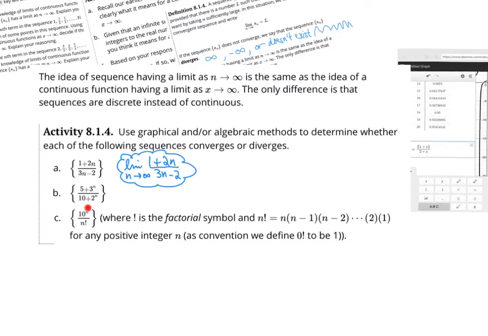For part B, we have the sequence (5 plus 3 to the n) over (10 plus 2 to the n). Now that one, if we try to set up a limit similar to how we did in part A, will probably end up with something like infinity over infinity.